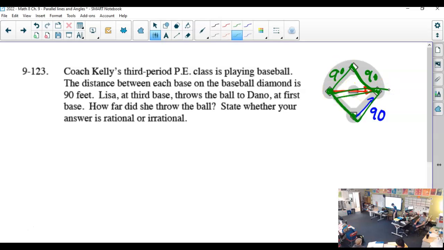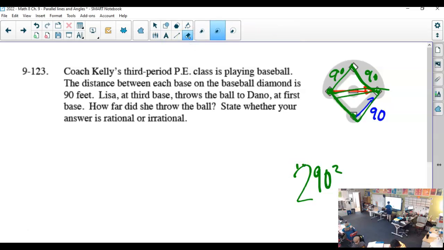So what math are we going to do? You want to write down the square. We could do 90 squared plus 90 squared. I would need parentheses.